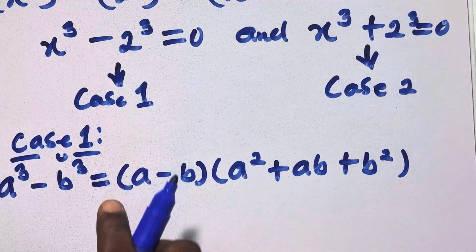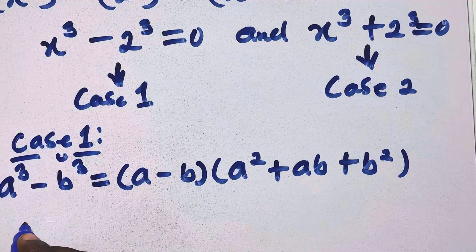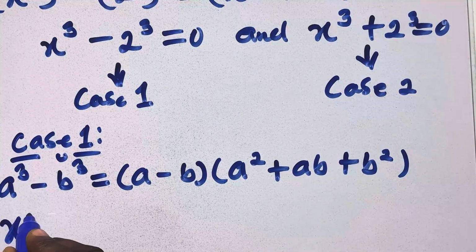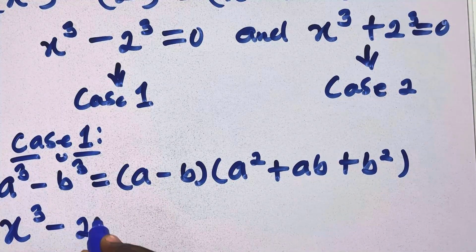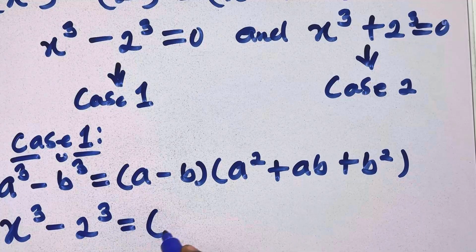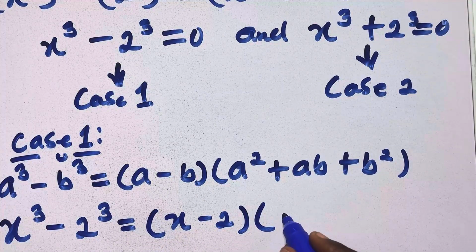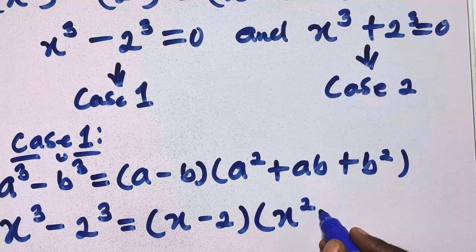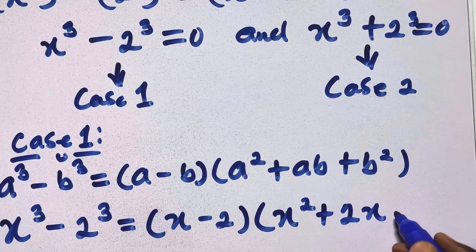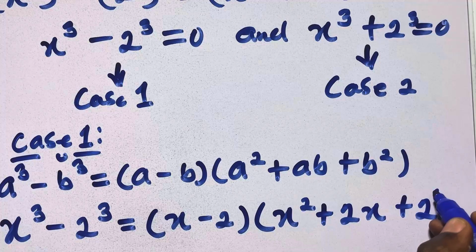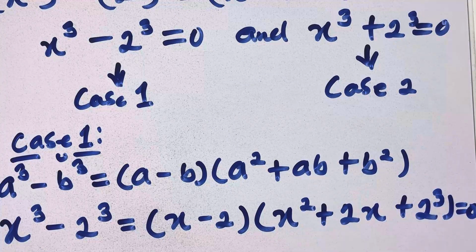Applying this to what we have here, x raised to the power 3 minus 2 raised to the power 3 equals x minus 2, multiplied by x squared plus 2x plus 2 squared, equals 0.